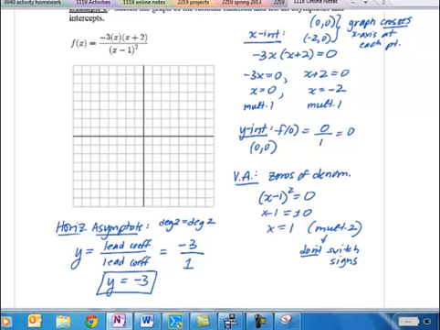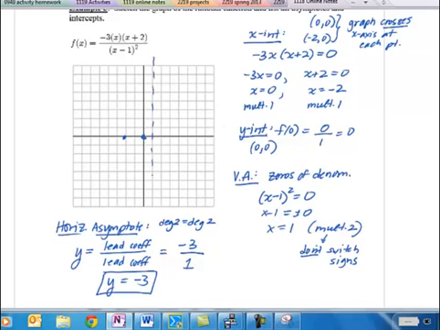So putting on our points, we've got (0, 0) and (negative 2, 0). This time we don't have a third point because one of the x-intercepts is also the y-intercept. We've got a vertical asymptote at x equals 1.